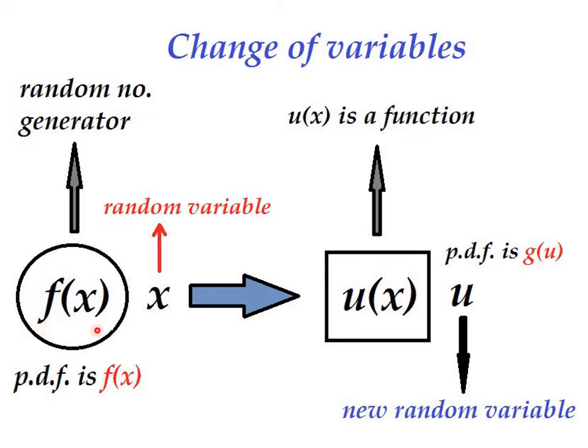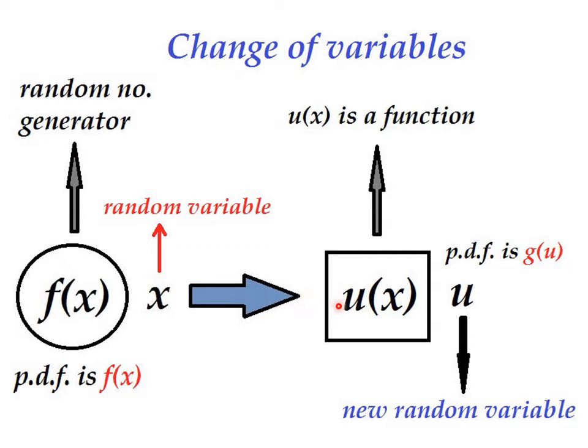F of x is our PDF, which is short for probability density function, and x is our random variable. Now, when a random variable is generated, it can change.